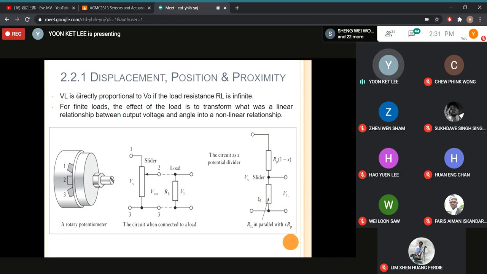So VL is directly proportional to V naught if the load resistance RL is infinite. For an infinite load, the effect of the load is to transform what was a linear relationship between the output voltage and the angle into a non-linear relationship like this one. This is your VL. Then you need to find the relationship.